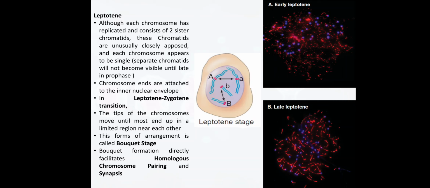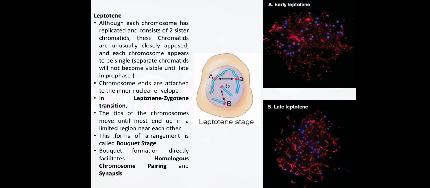What happens in this stage is that the chromosome ends are attached to the inner nuclear envelope. In the leptotene to zygotene transition, the tips of these chromosomes move until most end up in a limited region near others. This form of arrangement is called bouquet stage.